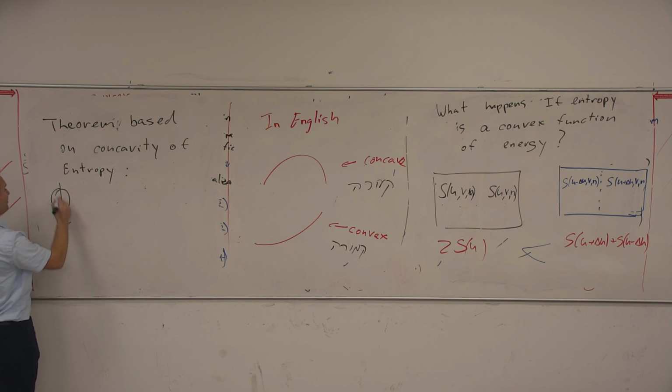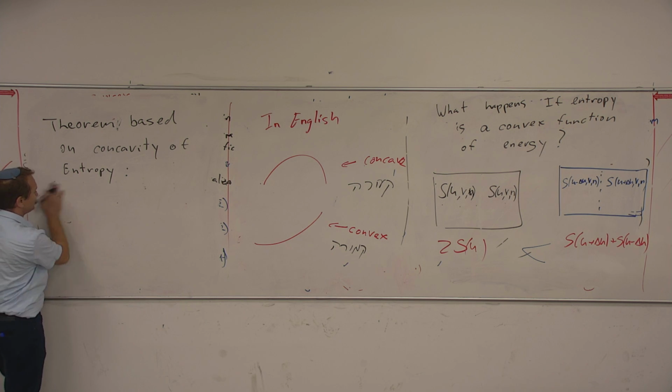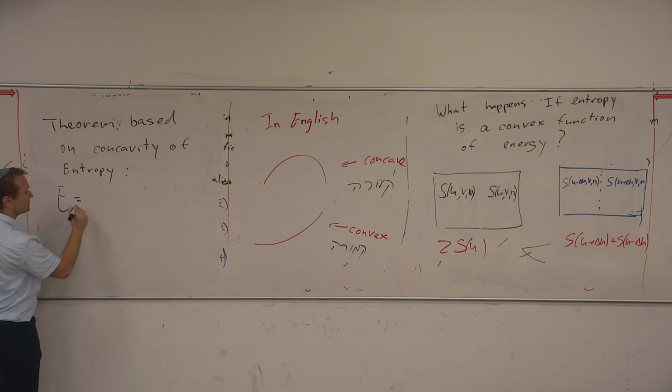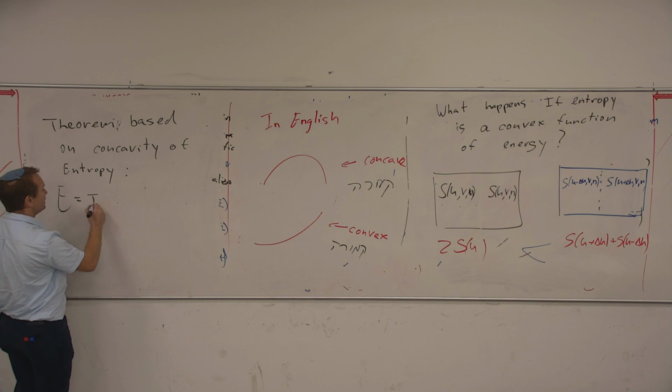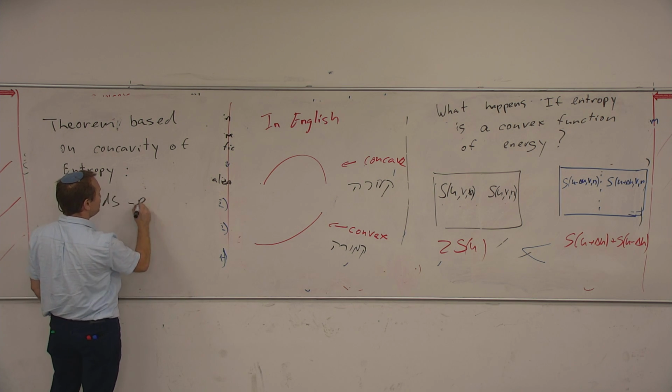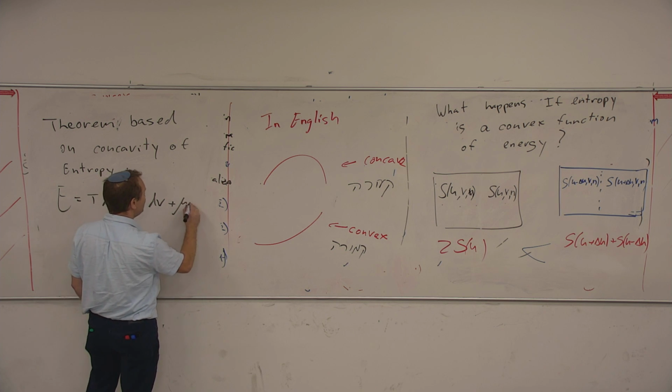Okay, if I have phi, and phi is the energy. Assume I have energy, and the energy is T dS minus P dV plus mu dN.